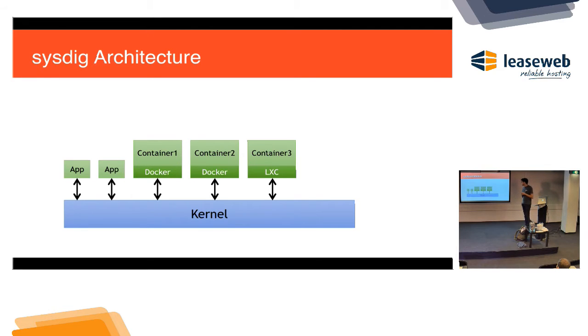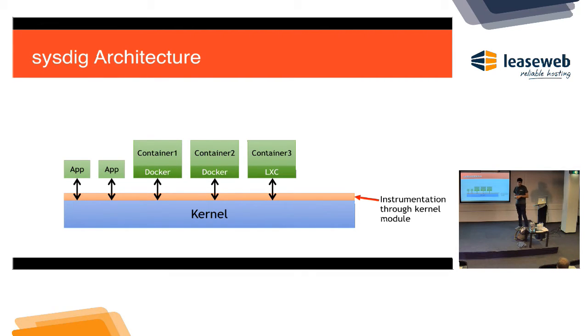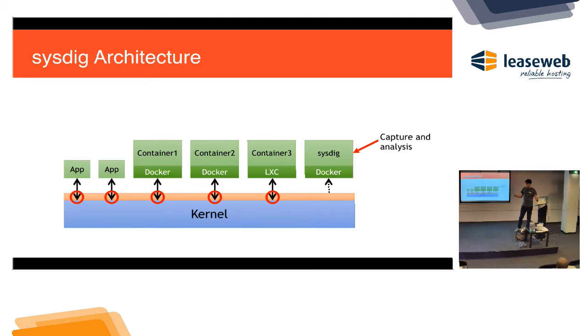How it works? You have your applications, your containers, and the kernel, the operating system. We add a small kernel module that puts itself in the middle between the application and the operating system, tracing all the events happening. All this data is then collected by Sysdig, which you can run in its own container if you want, or as a host process.